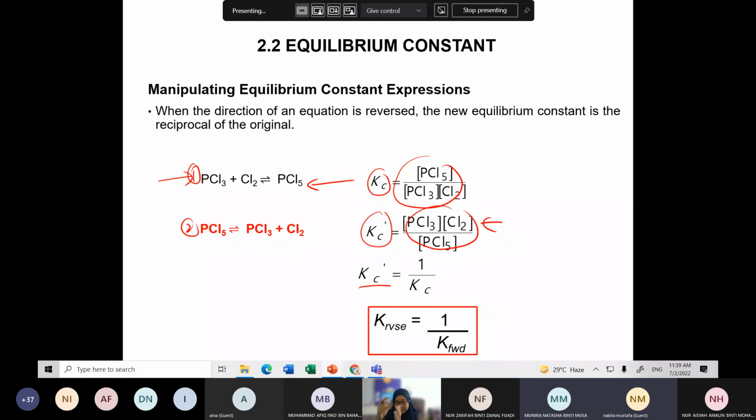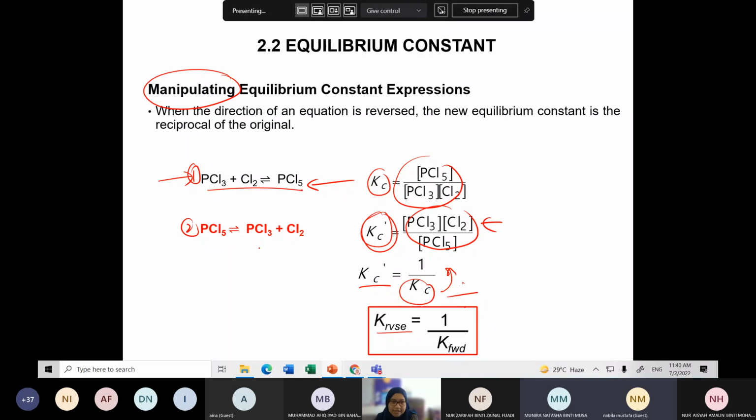When we take the reciprocal of the ratio and move it up, the position becomes inverted. This is what we call manipulating. So we can conclude that K reverse is equal to 1 over K forward.